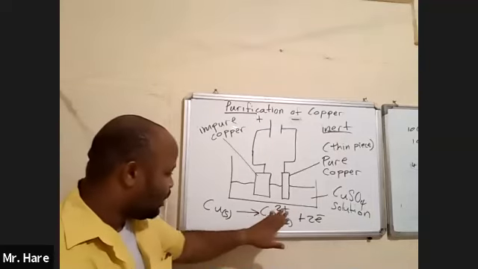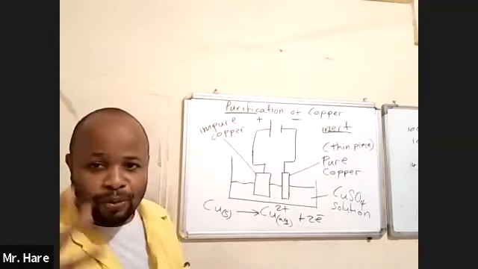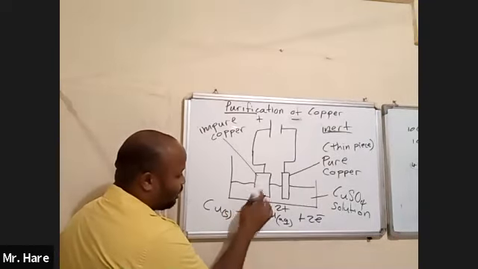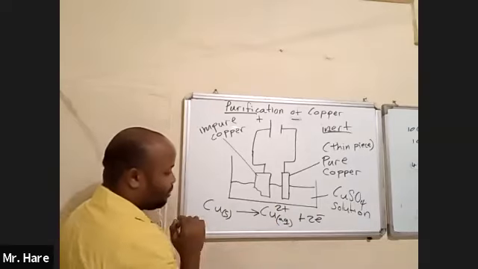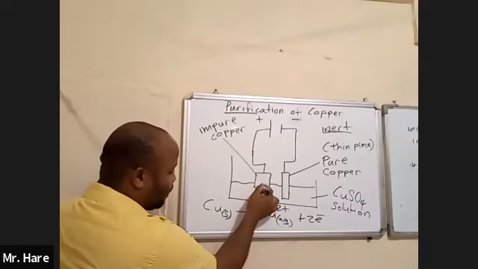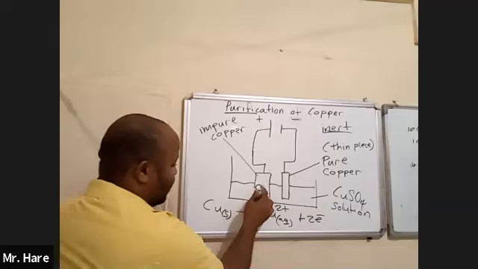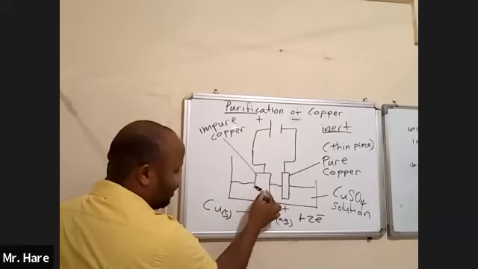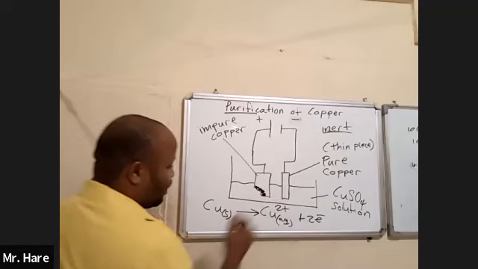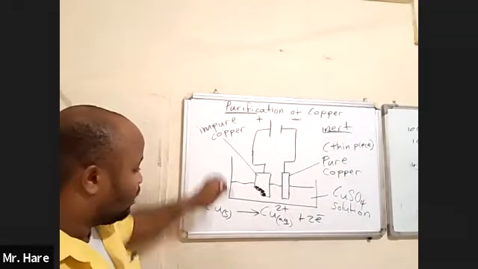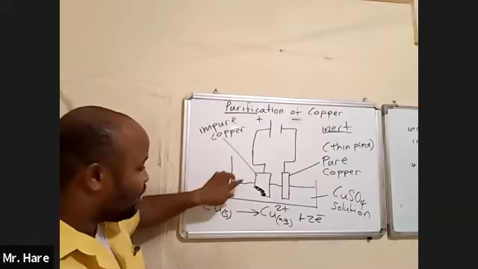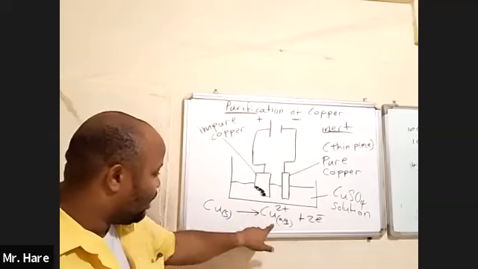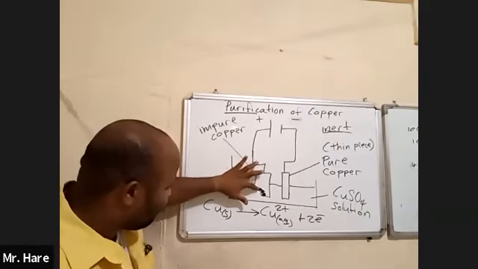And when this is happening, what you will notice is that the piece of copper metal starts to break down because the atoms that were on it, I'm just going to put some dots to represent the atoms, when they are oxidized to copper ions, they fall off.